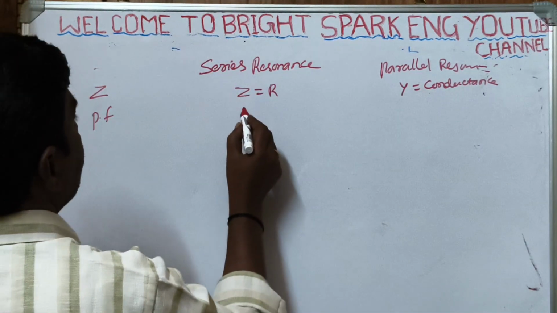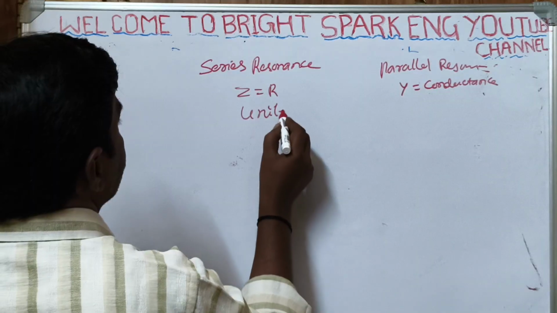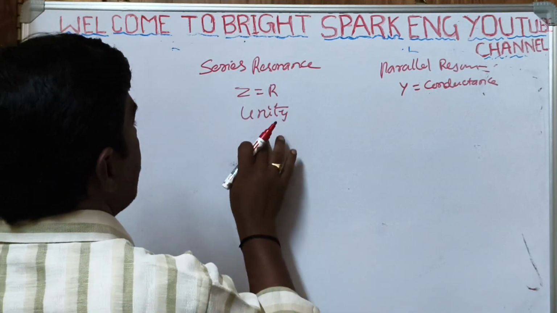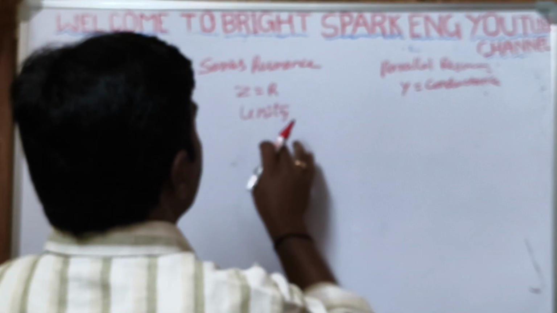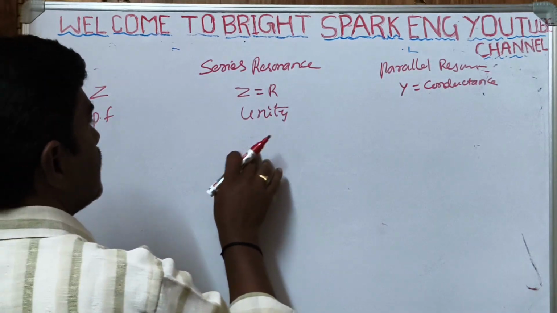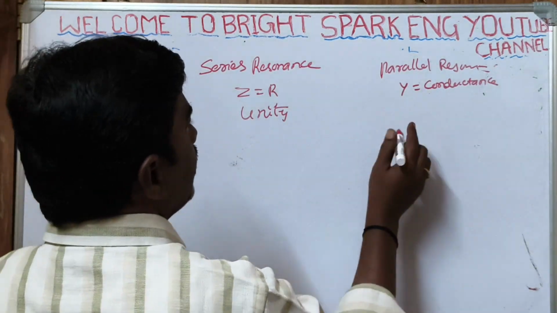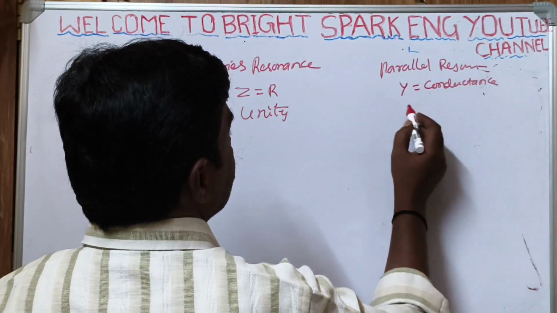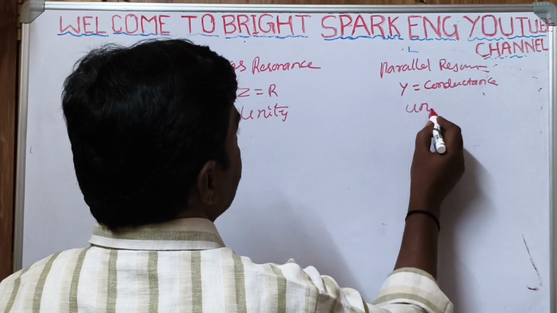Power factor is unity. Series resonance circuit also acts as a resistance. That's why power factor is unity. Here also admittance is equal to conductance. So power factor is unity.